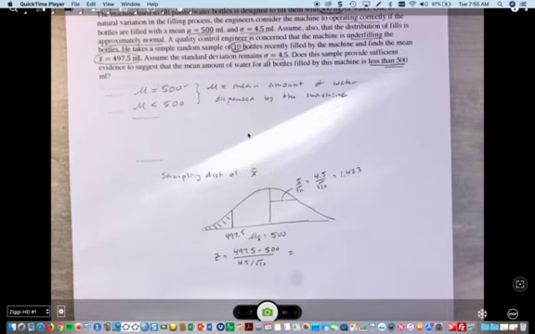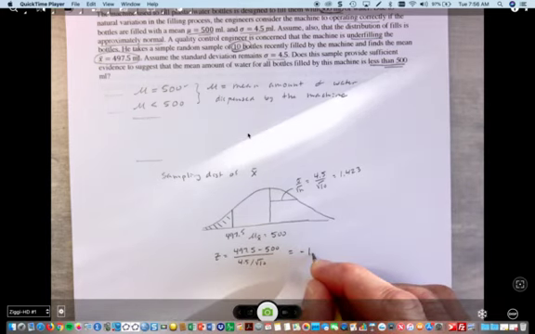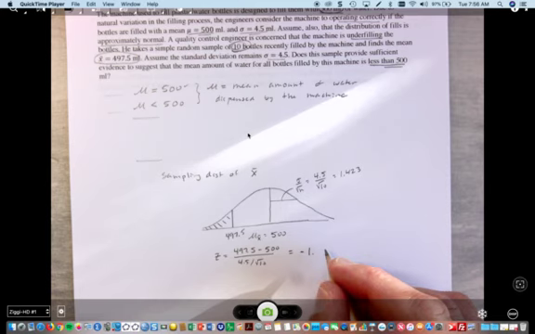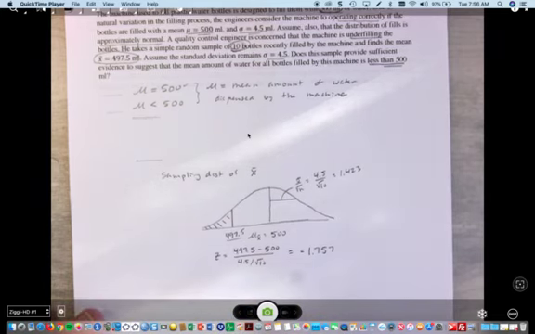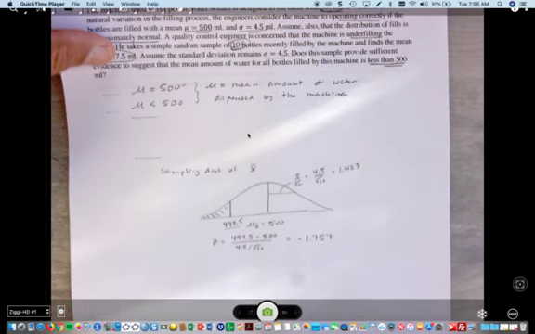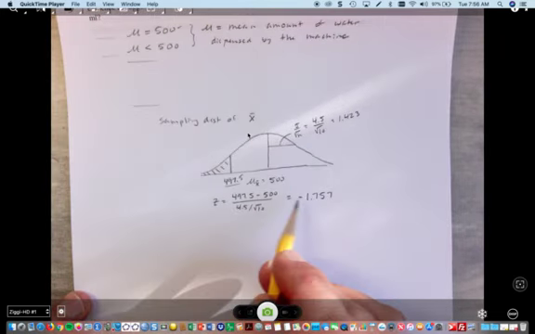It looks like I didn't calculate that ahead of time, so bear with me. 497.5 minus 500 divided by 1.423. This z-score is negative 1.757. That tells me that this 497.5 is about 1.75 standard deviations below the mean if the machine is operating correctly.